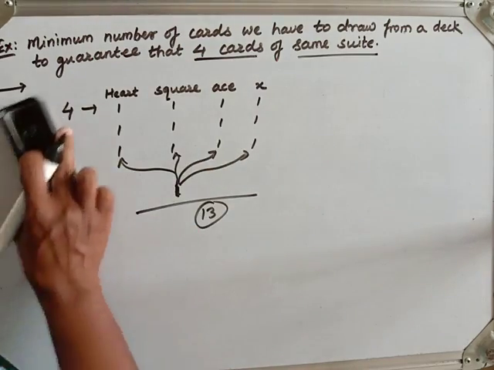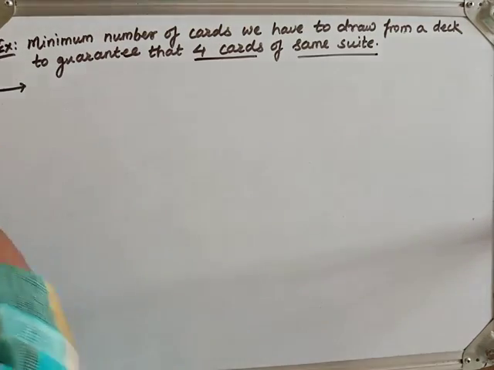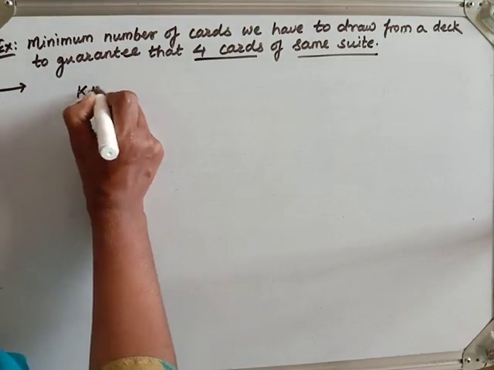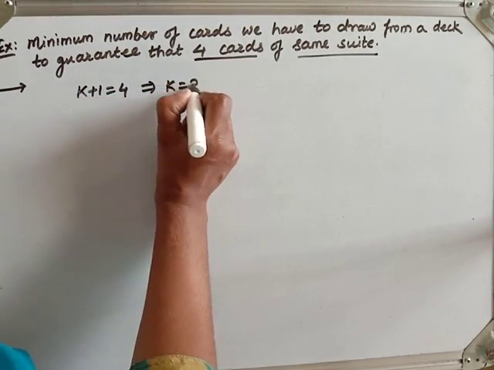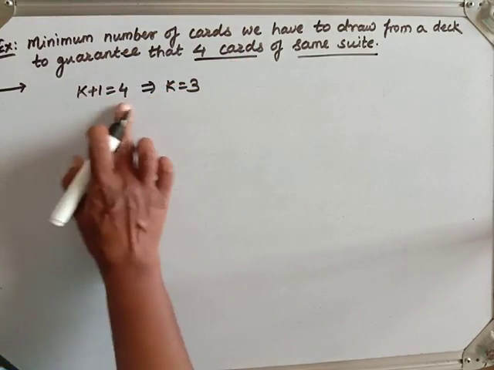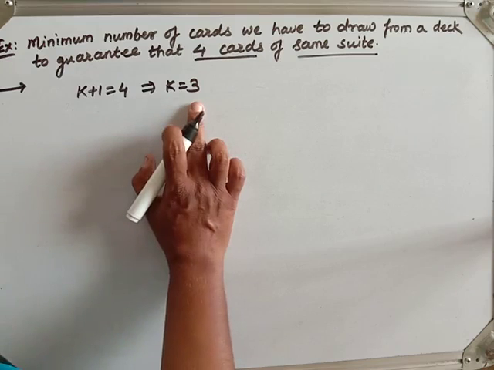The same thing we can solve using the theorem. What does the theorem say? k plus 1 is equal to 4, so k is equal to 3. 4 cards we have to select, so k plus 1 is equal to 4, so k is equal to 3.